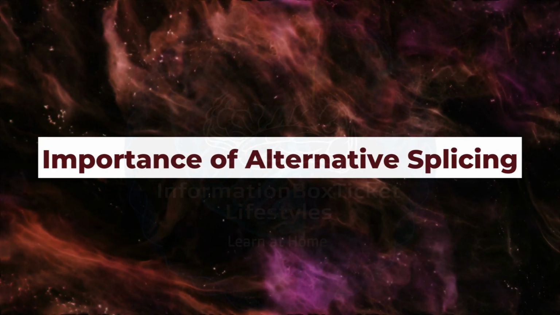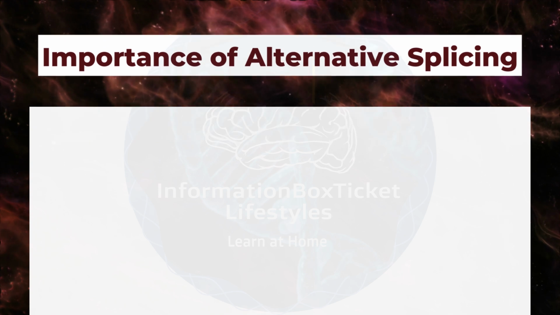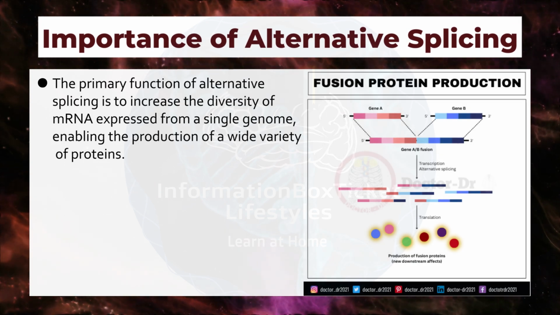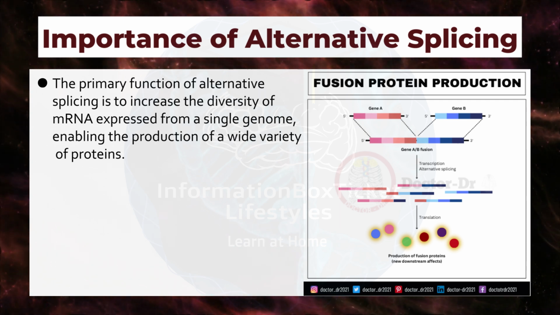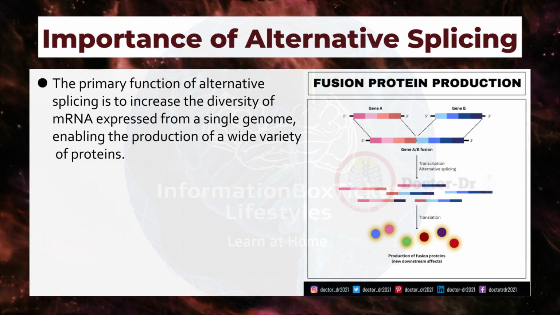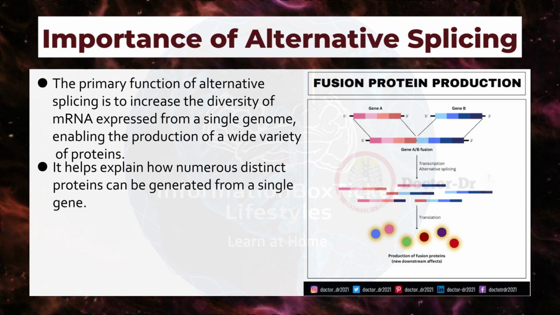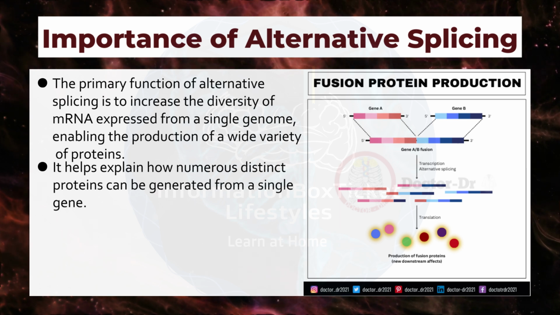Importance of alternative splicing. The primary function of alternative splicing is to increase the diversity of mRNA expressed from a single genome, enabling the production of a wide variety of proteins. It helps explain how numerous distinct proteins can be generated from a single gene.